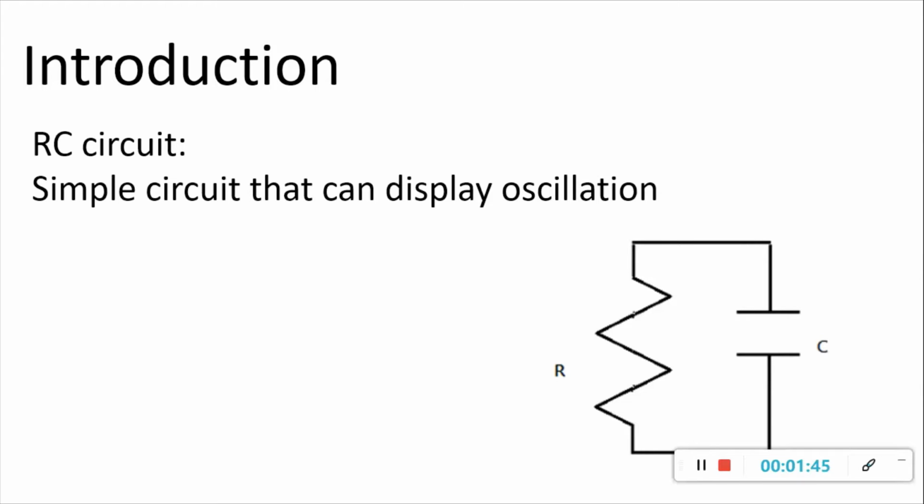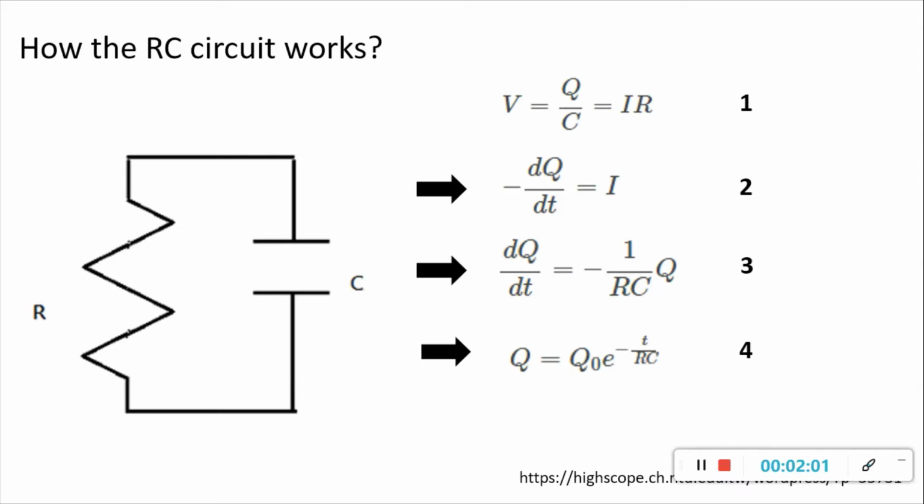Actually, an RC circuit is a simple circuit that contains a resistor and a capacitor, and it can also display oscillation. It also has a time constant. So let's further analyze the RC circuit using some mathematical tools, like ODE, which we learned this semester.